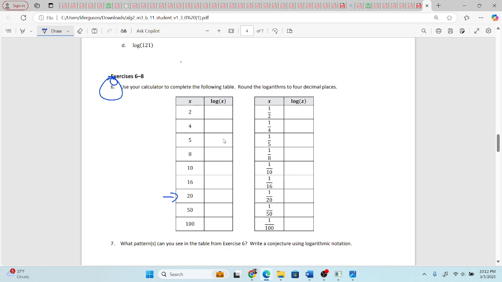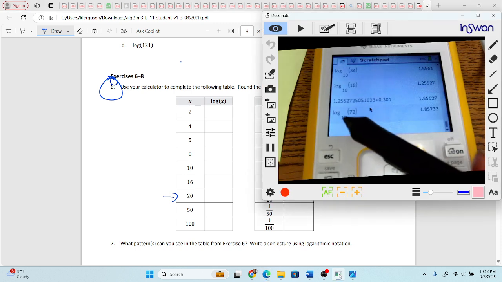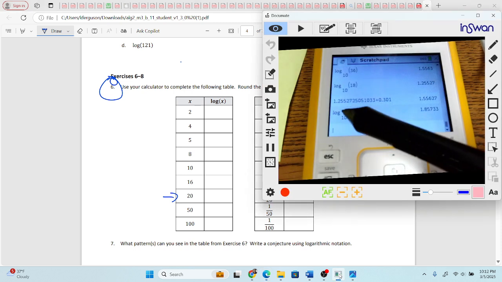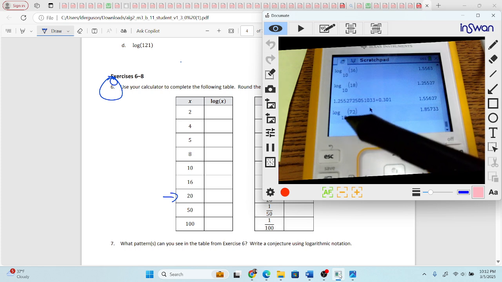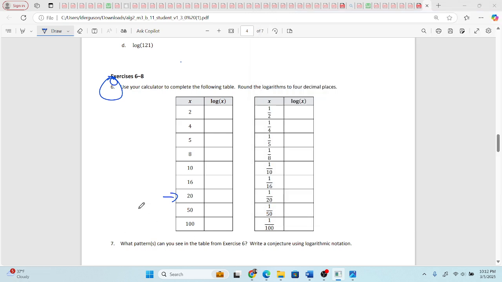And when I say lowest, I'm talking not about how big a number is, but just lowest position wise. So that's going to be base 10 for right now. That's what we're just going to keep doing. Base 10, base 10. So I'm going to do 20, and then I'm going to compare it to 1 over 20. So I've got control, log base 10 of 20.